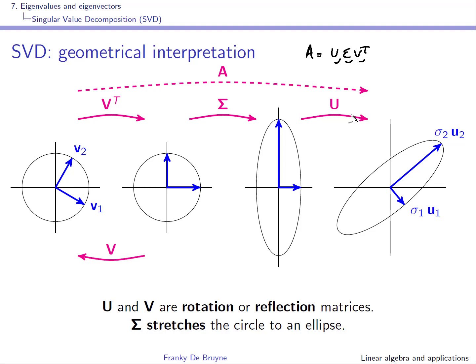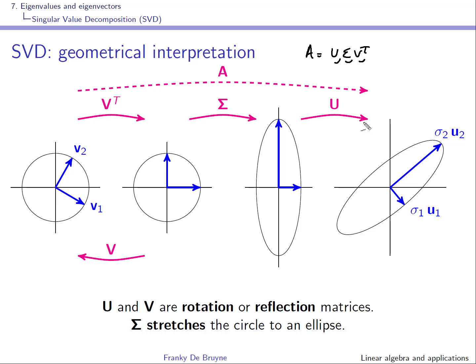So you can see the matrix A as a rotation, for instance. Then sigma is just elements on the diagonal, so at some stages you extend the length or you reduce the length, and then the U matrix might be, for instance, another rotation matrix, but it might be a reflection as well.